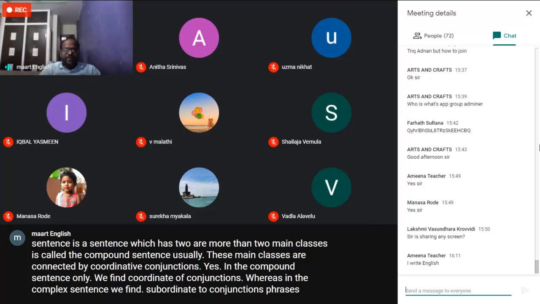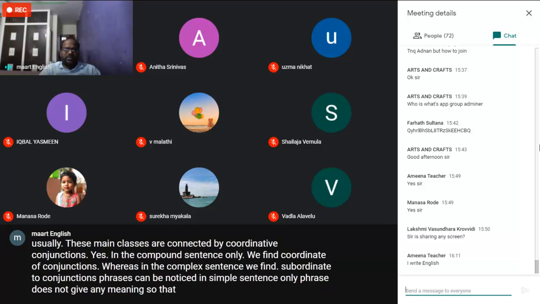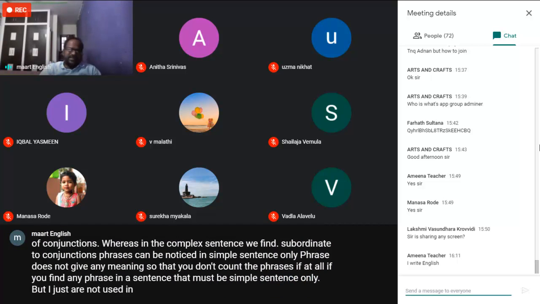Phrases can be noticed in simple sentences only. A phrase does not give any meaning, so you don't count the phrases. Phrases are not used in complex or compound sentences.